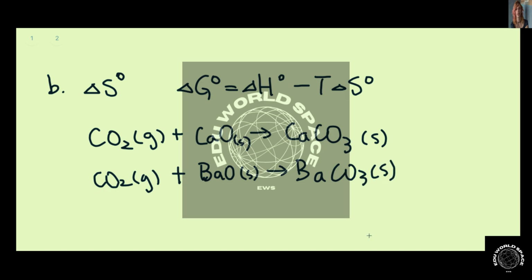You can use either of these two, or you can also calculate both of them and take the average. So once you have the delta S of these reactions, you plug it into this equation and you can get delta G.